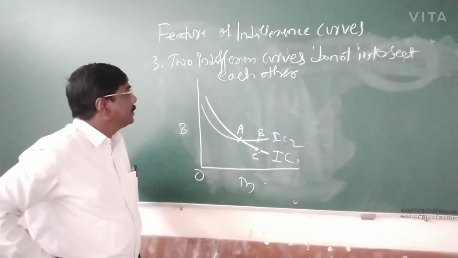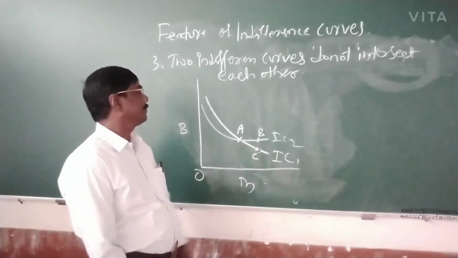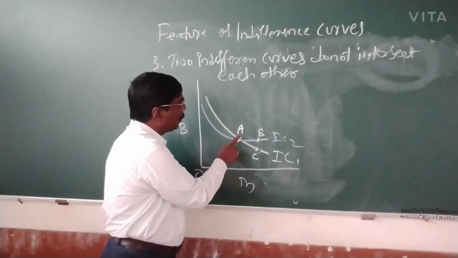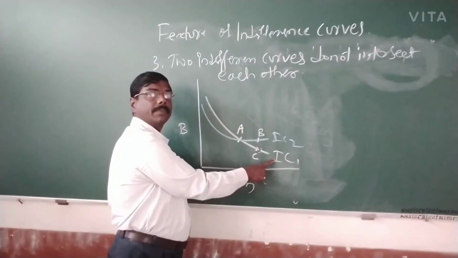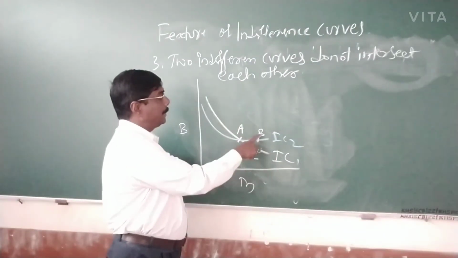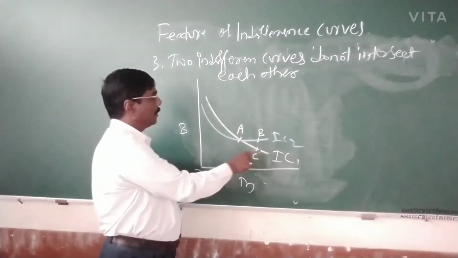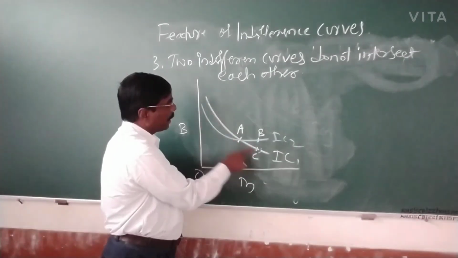So there are three combinations, A, B, C. The A combination lies on IC1, the B combination lies on IC2, and the C combination lies on IC1.